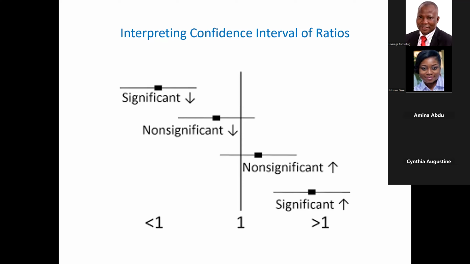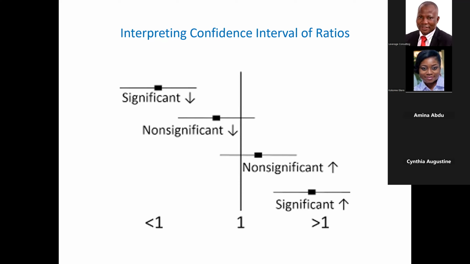Well, I think this arrow is just pointing to the direction of the value of the odds ratio. To the left is less than 1. To the right is greater than 1. So the two middle ones are not significant because they cross 1. The first and the last one are significant, but in opposite directions.